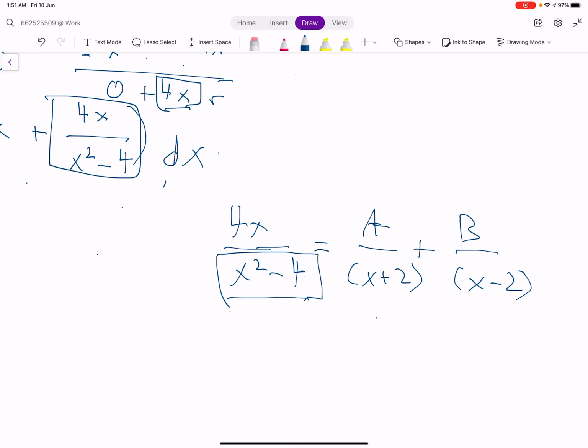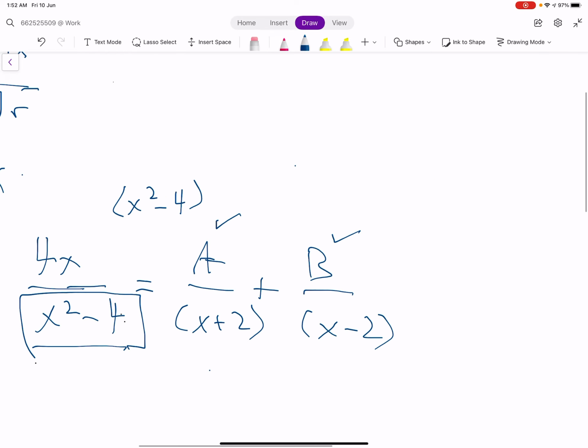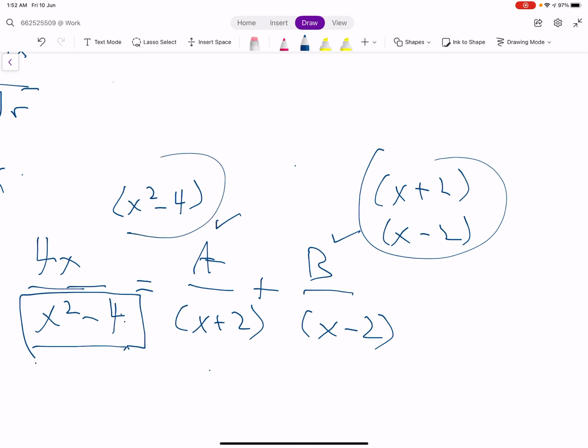Now all you have to do is find what A is and what B is. To do that, we will just do basic algebra. We will multiply by x plus 2 times x minus 2, and we'll do the same thing on the other side.